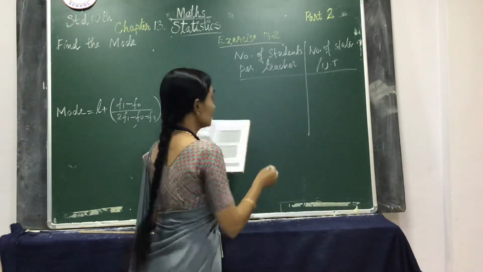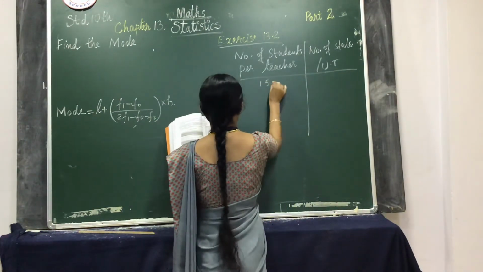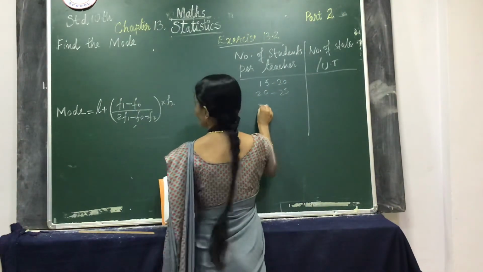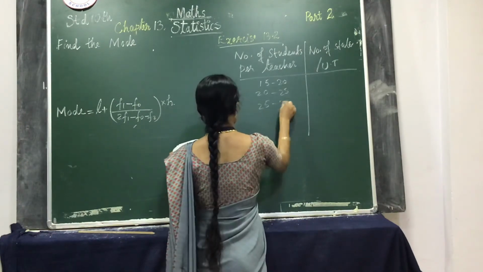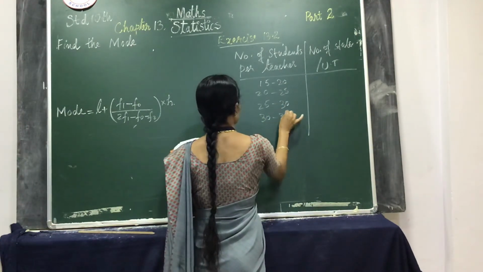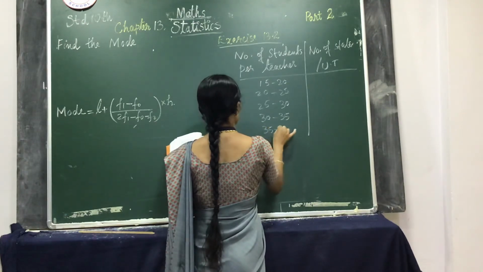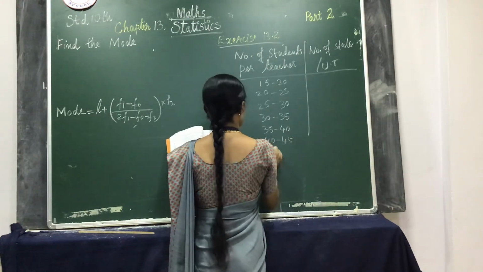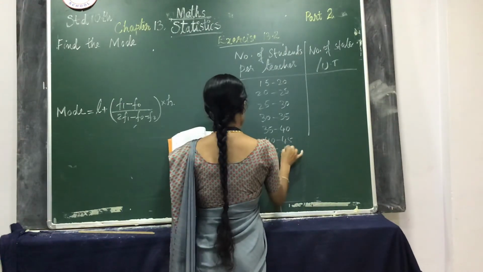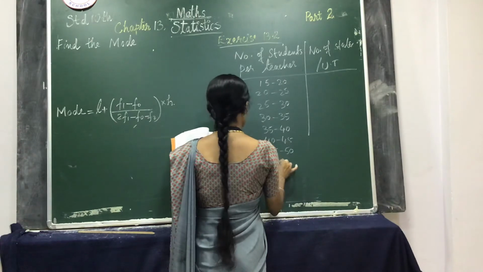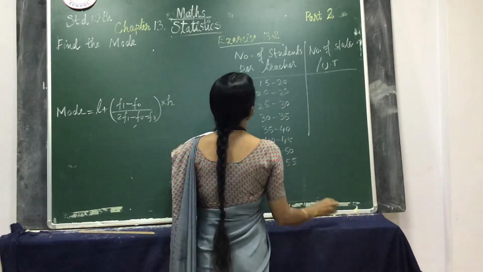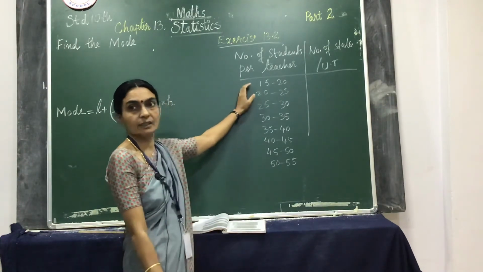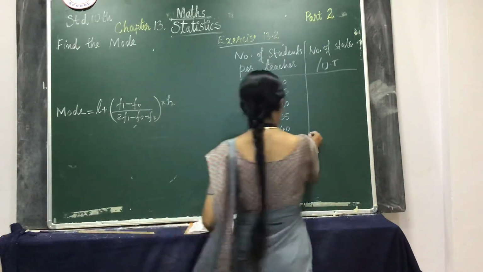Here the class intervals given are 15 to 20, 20 to 25, 25 to 30, 30 to 35, 35 to 40, 40 to 45, 45 to 50 and 50 to 55. The number of students per teacher is given in these class intervals along with the number of states.